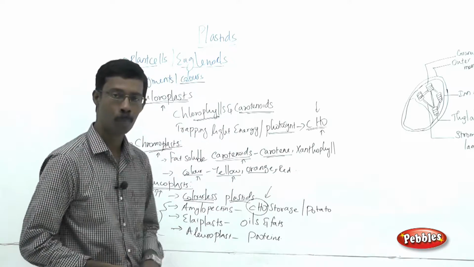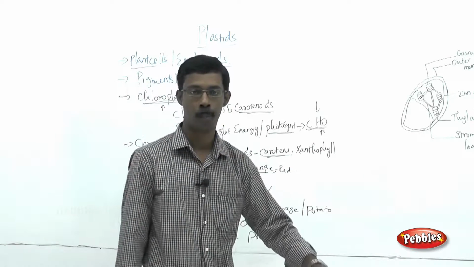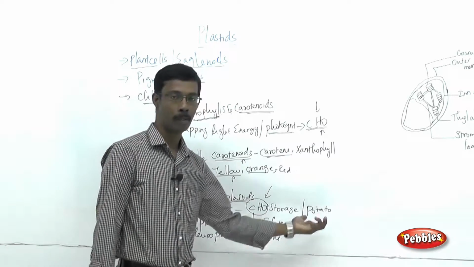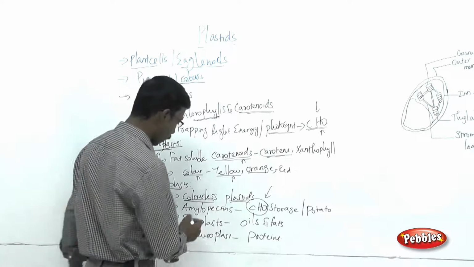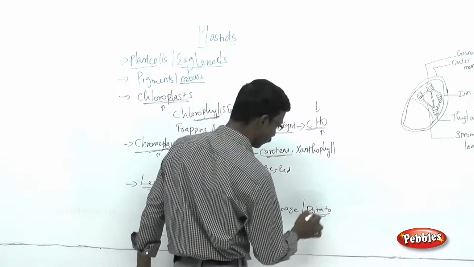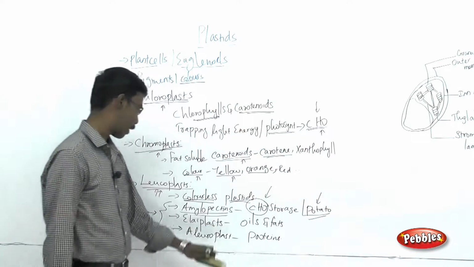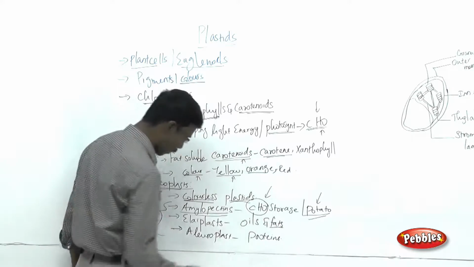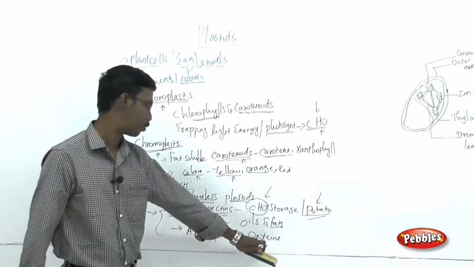I told you they won't provide color for the particular part of the plant. They are going to serve the storage purpose of the particular plant. So the amyloplast stores the carbohydrate molecule, as it does in the potato. The elaioplast stores oils and fats, and the aleuroplast stores proteins for the particular plant.